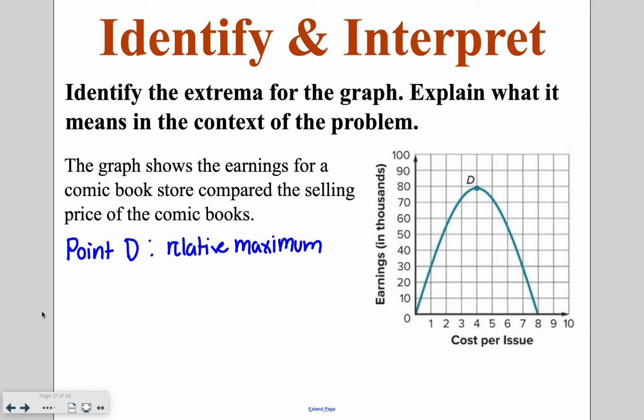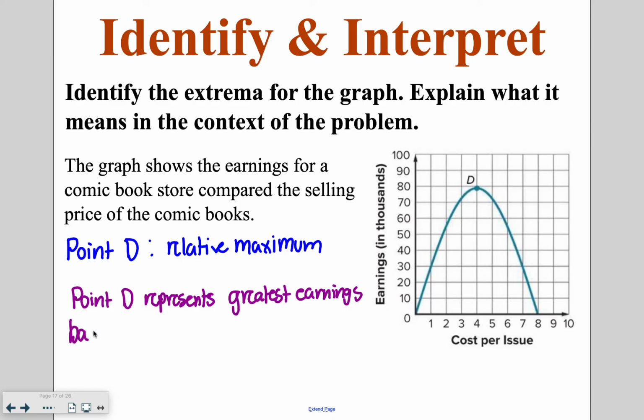Now I need to decide what that means within the context of my problem. What it means in this case is that point D represents the highest profits, so the greatest earnings that we can have based on the selling prices of the comics.